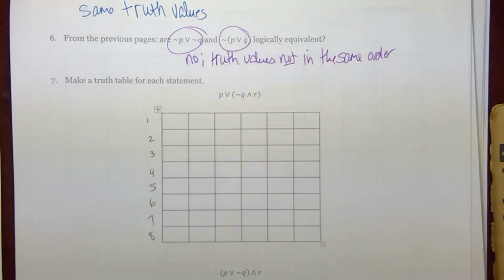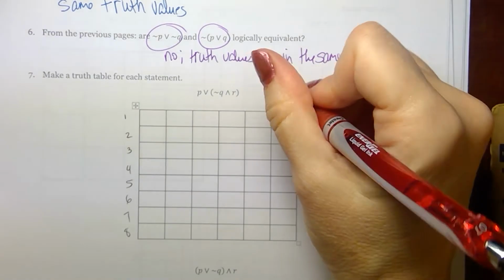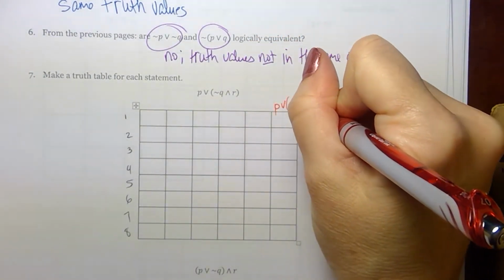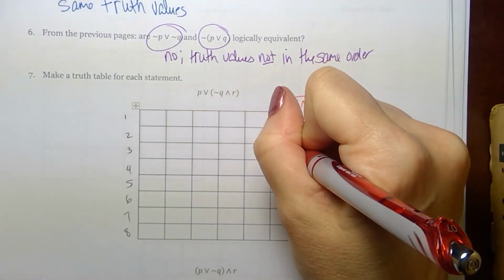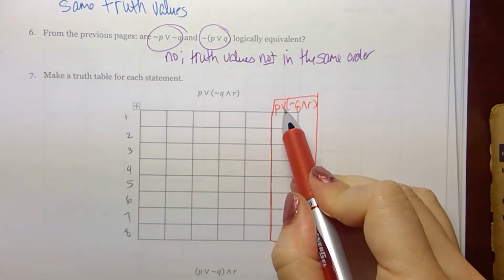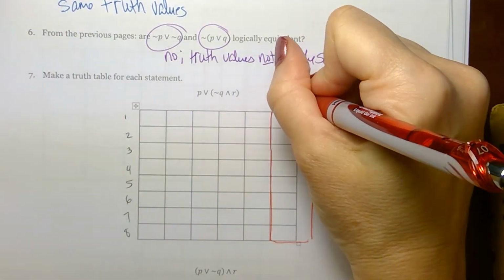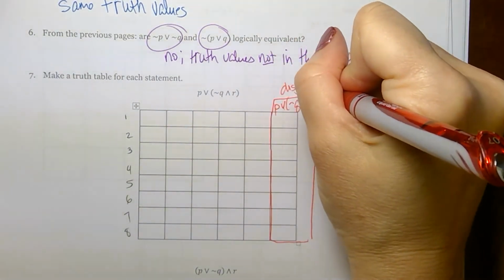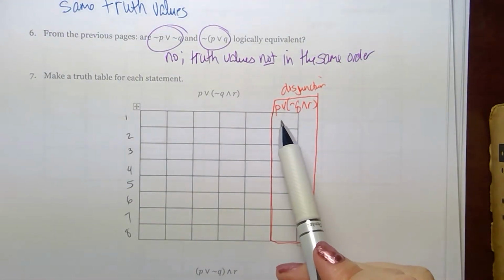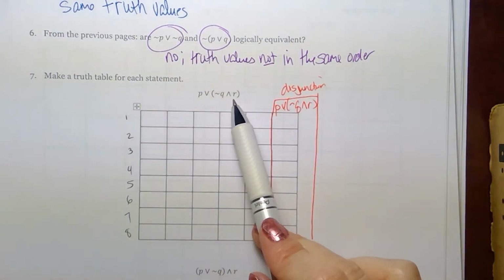Our goal, the thing that we are getting to at the end, is all of this: P or, not Q and R. That's our goal. This is the column we're working towards. And this column represents a disjunction between P and what's in parentheses there.